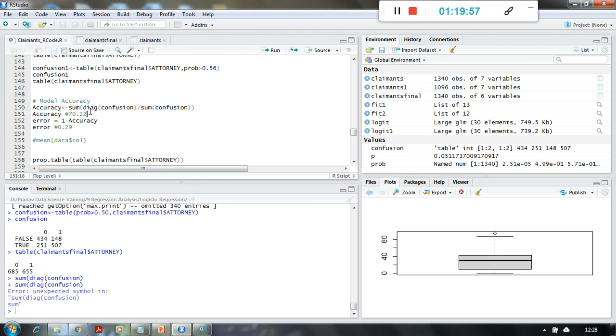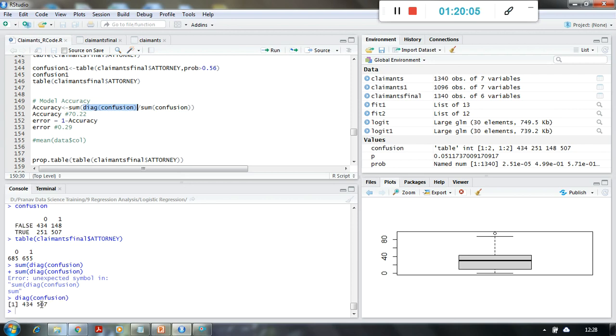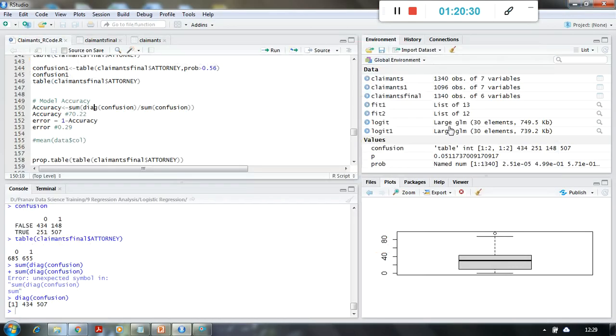So I am taking a summation of these two values, and I am taking the summation of the entire confusion. So correct predictions divided by the entire confusion, right? TP plus TN divided by TP plus FN plus FP plus TN is going to be my accuracy.